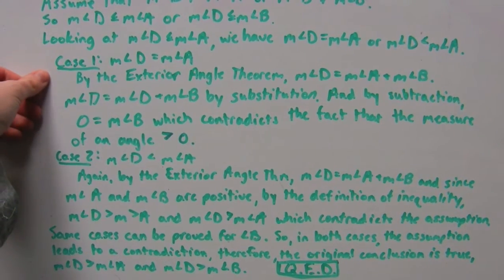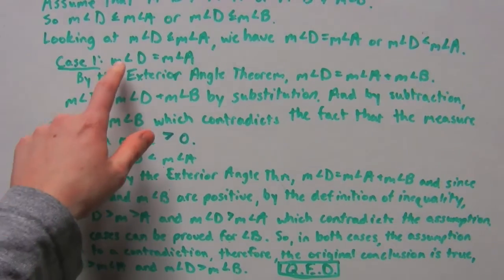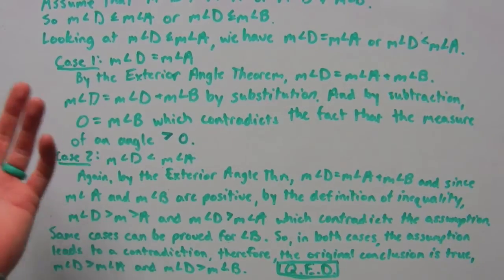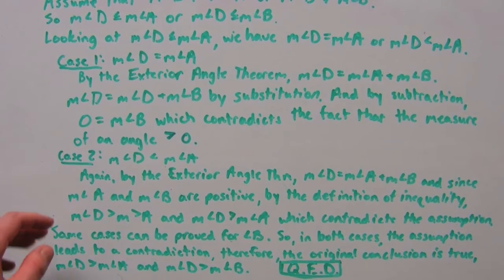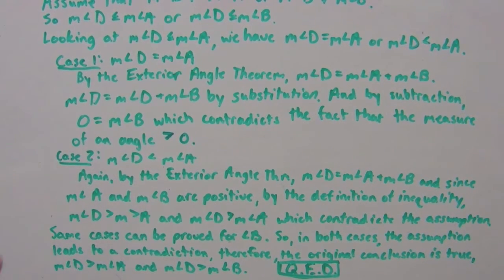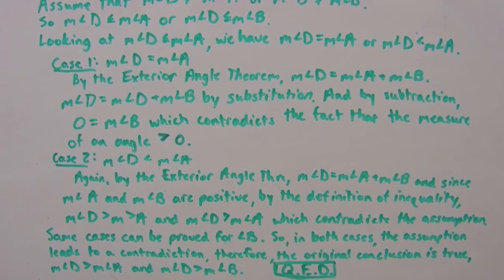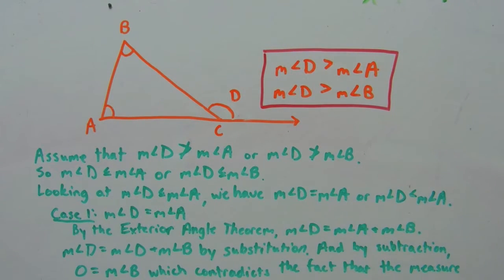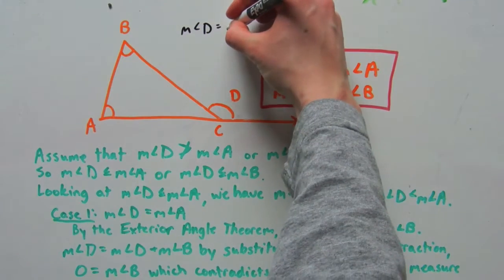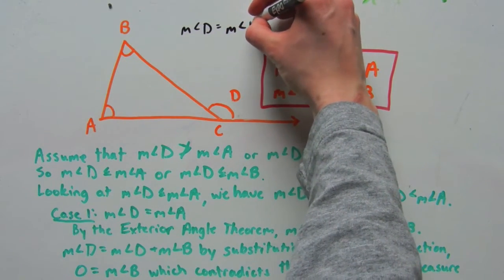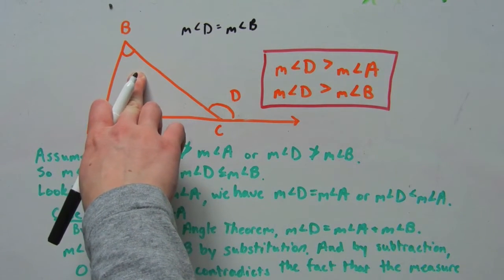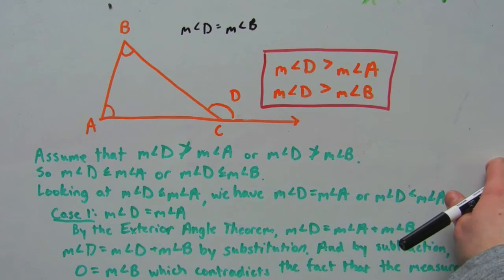Let's take a look at case 1, for instance. Instead of saying that the measure of angle D is equal to the measure of angle A, let's use the measure of angle B instead. Using that, we might not use the exterior angle theorem. Visiting the picture, if we said that the measure of angle D was equal to the measure of angle B, then we could contradict that by the converse of the alternate exterior angles theorem.